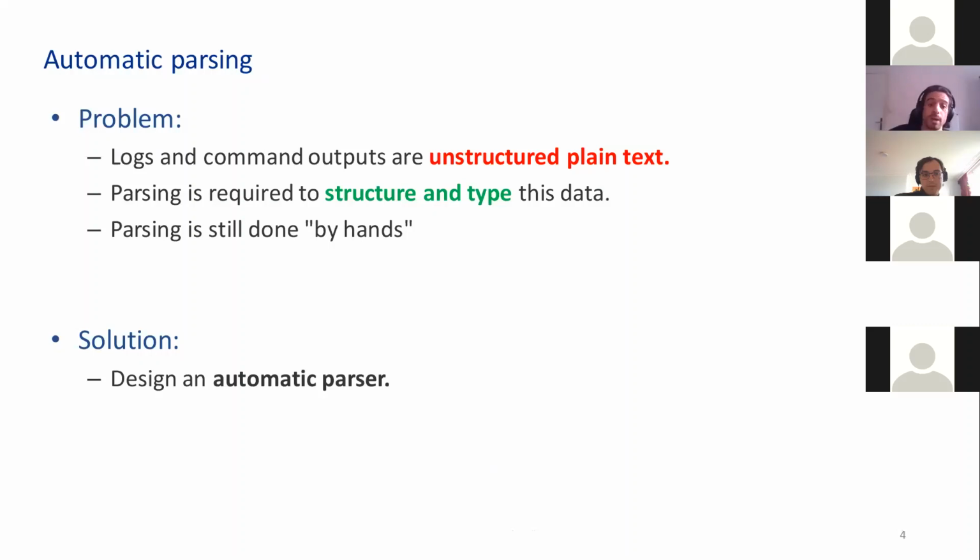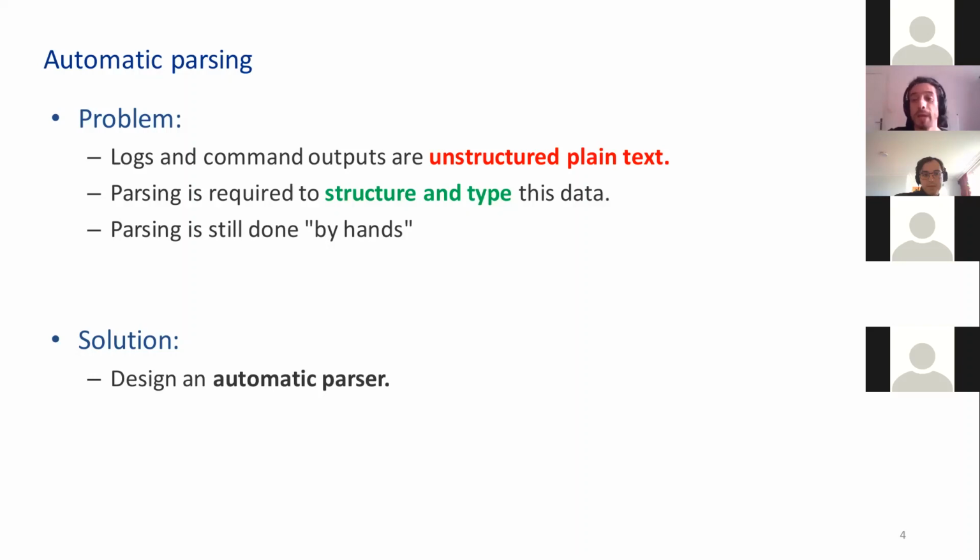The problem is that analysis algorithms don't work well on unstructured data. We need to structure this data, and we do that through parsing. We parse the data, we type it, we put it in databases, and then we analyze it. And parsing is still done by hand. People write their own parsers by hand. So our solution is to design an automatic parser.